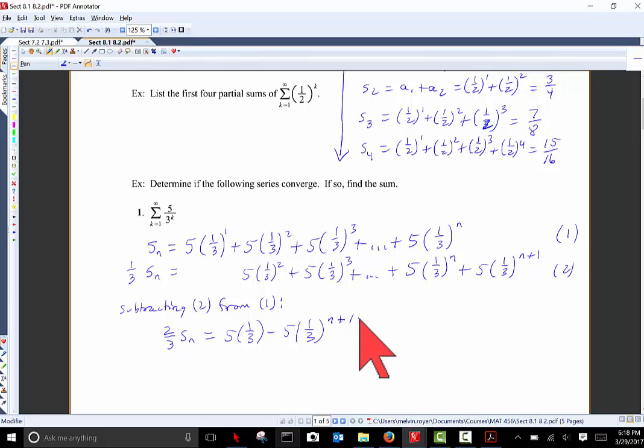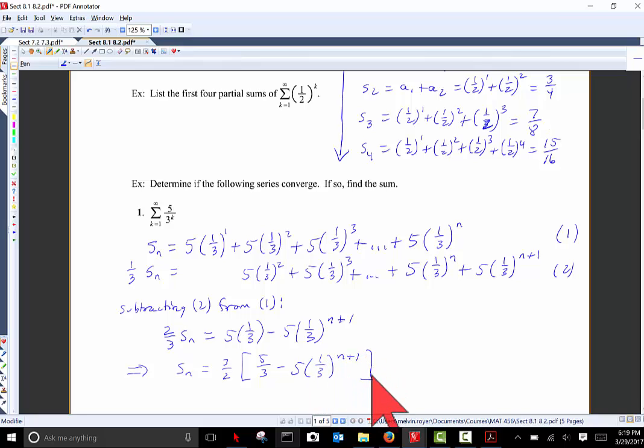I'm trying to solve for Sn, and so that almost does it. If we now multiply both sides by 3/2, Sn is 3/2 times 5/3 minus 5 times 1/3 to the n plus 1.